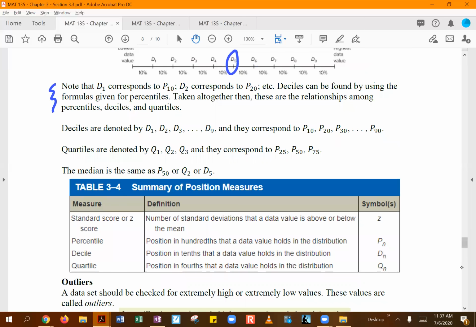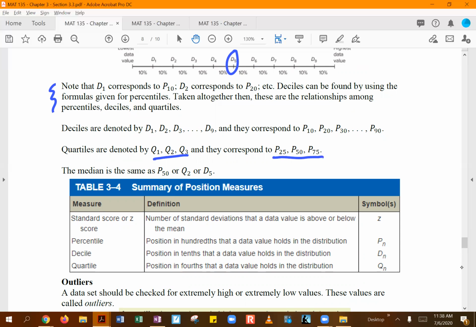Some comparisons they are showing over here: your deciles D1, D2, all the way to D9 would correspond to the 10th percentile all the way to the 90th percentile. Quartiles, of course, we just talked about, are going to be the 25th, 50th, and 75th percentile.